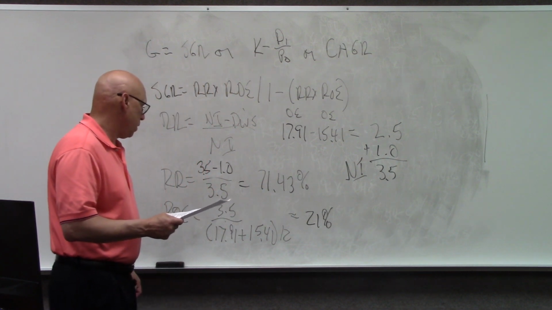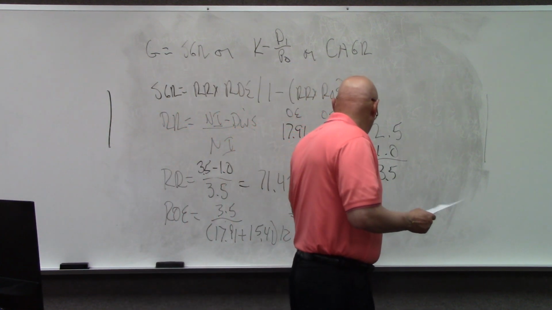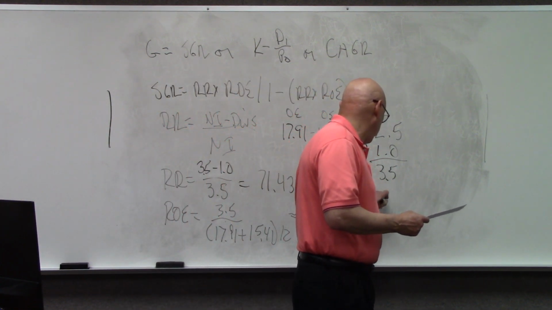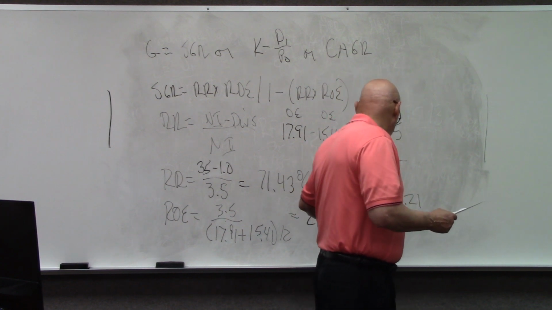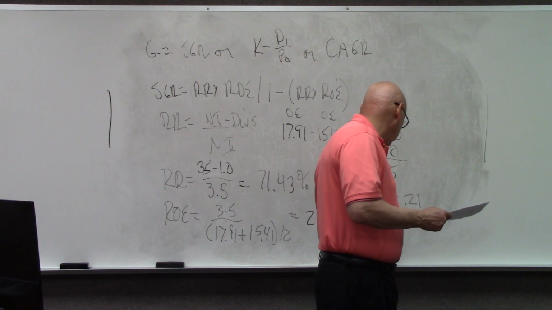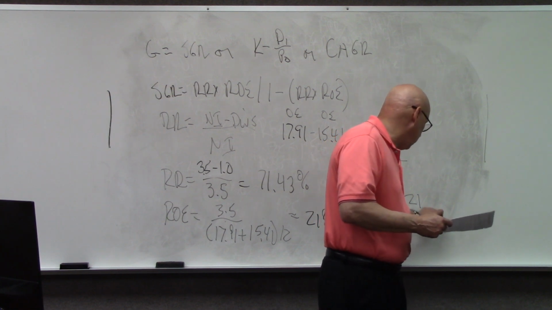Let's do their SGR. 0.7143 times 0.21 divided by 1 minus 0.7143 times 0.21.